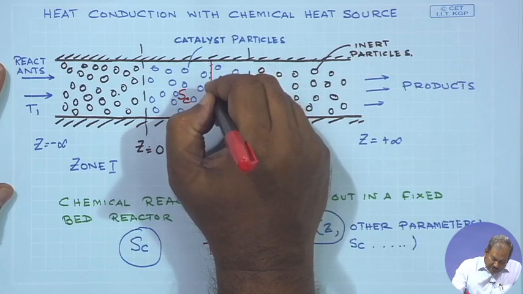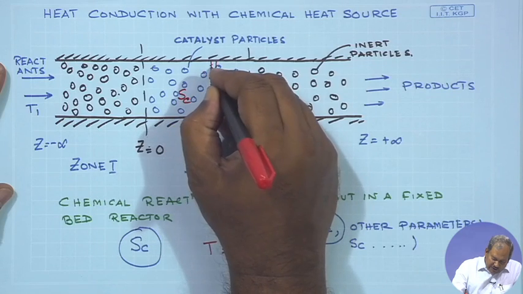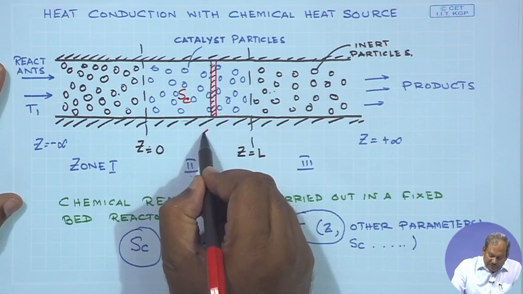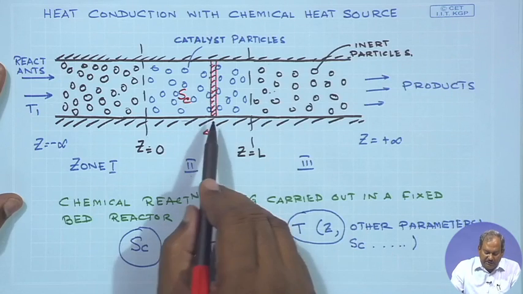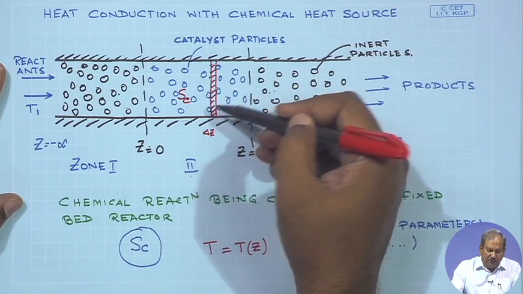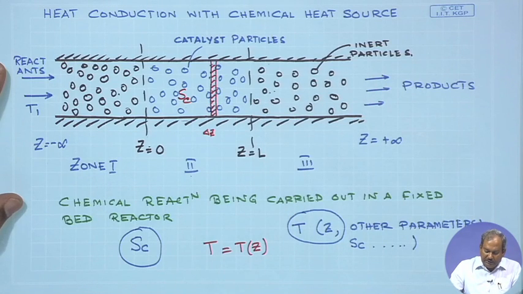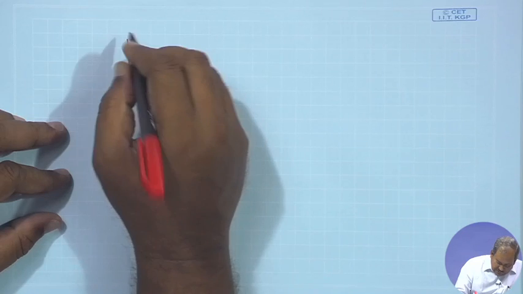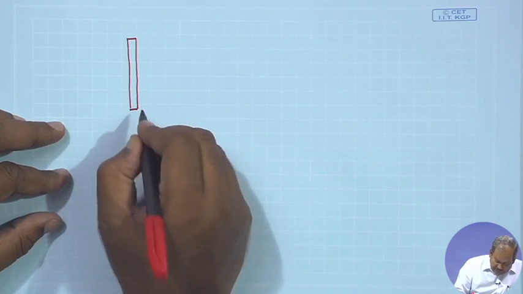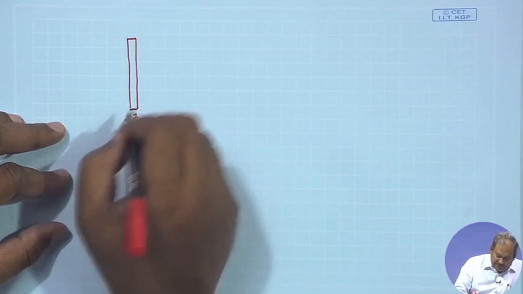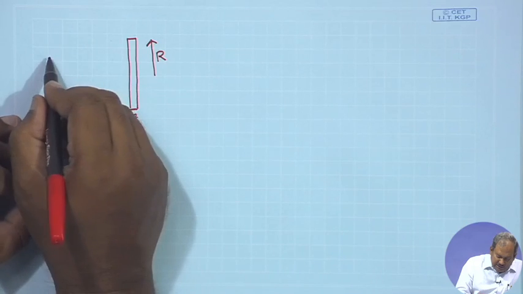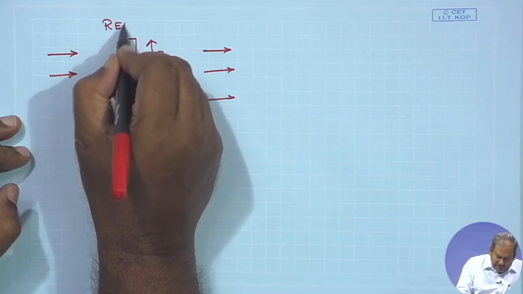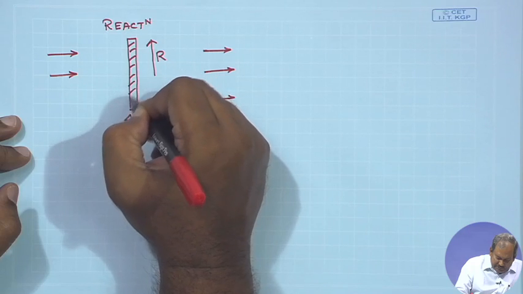So, the shell across which we are going to make our heat balance, the conservation across which we are going to write the conservation equation, will have a thickness equal to delta Z. However, it extends all the way up to R. So, if we take this and draw the cylindrical shell of size delta Z in thickness, and this is R. You have flow of reactants and the products will go out, and a reaction is taking place inside this shell.